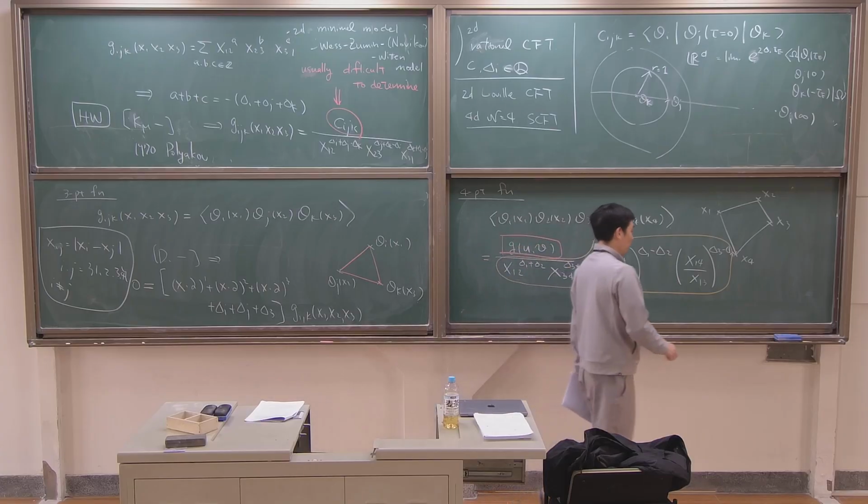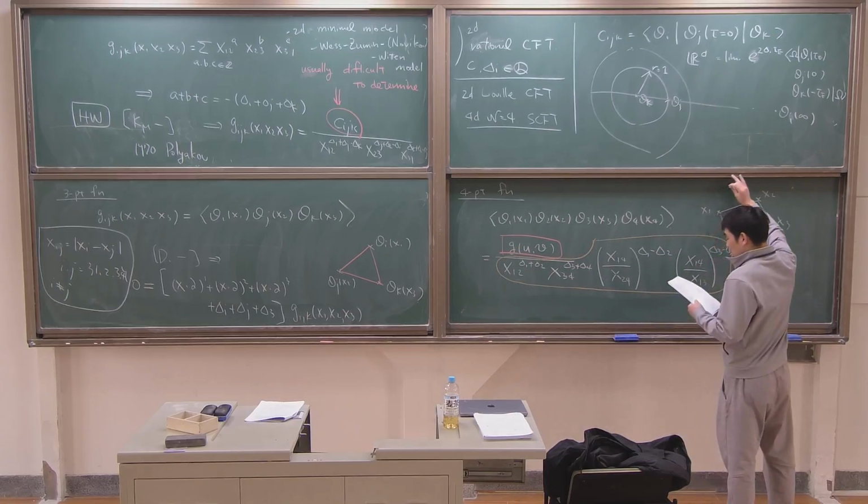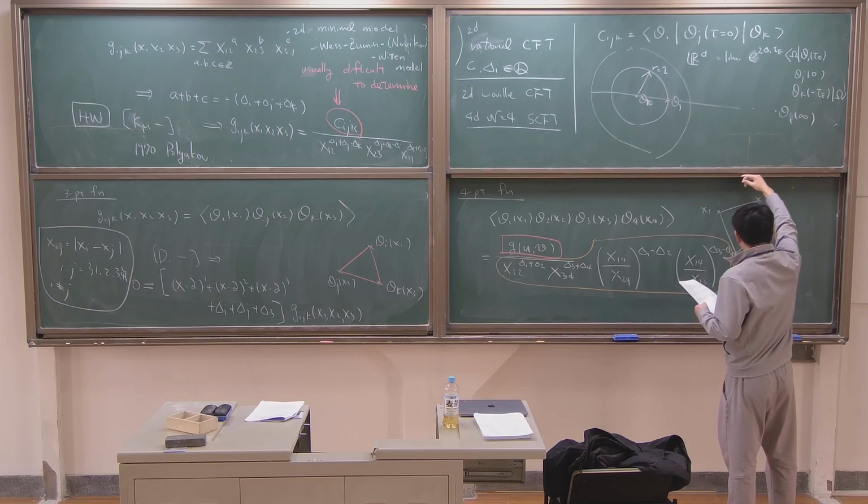And what are U and V? U and V are dimensionless quantities called the cross ratios.